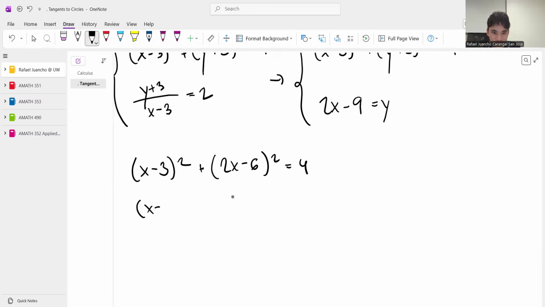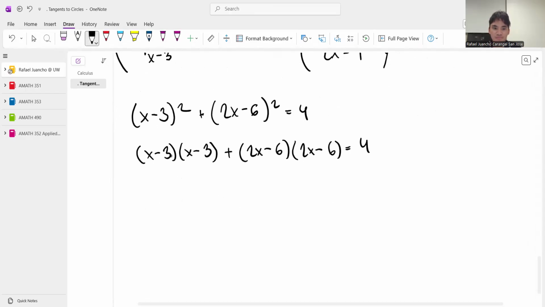So let me do it like this. There we go. Just some algebra going on. x squared minus 6x plus 9, plus this would be 4x squared minus 24x plus 36 equals 4. So I'm hoping everyone knows how to do this.